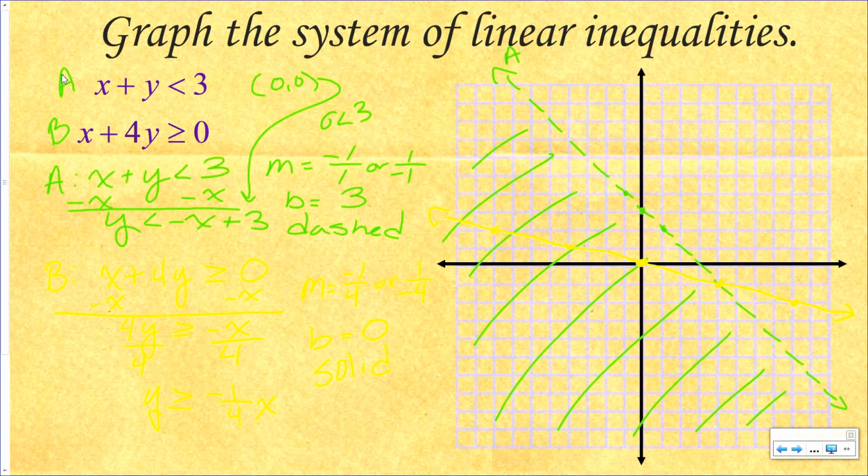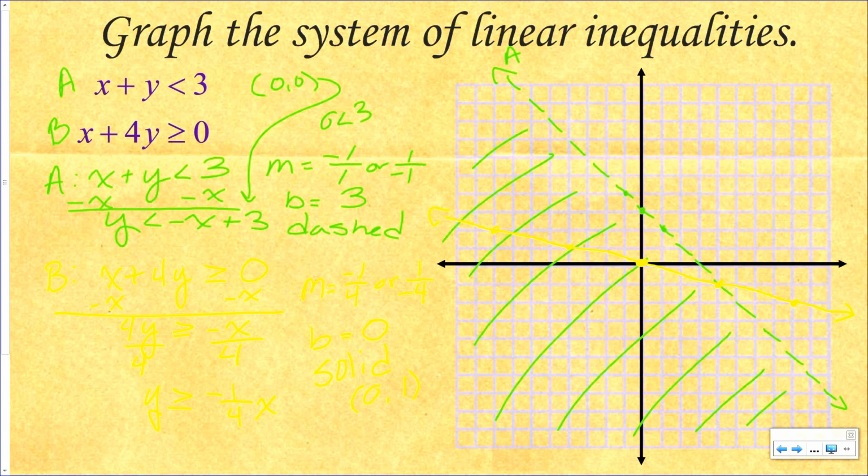I cannot pick 0, 0. Why? Because it goes through 0, 0. So I want my x to be 0 though, so I'm going to pick 0, 1. Anyone know why I want my x to be 0?